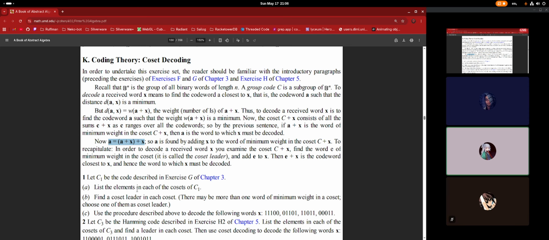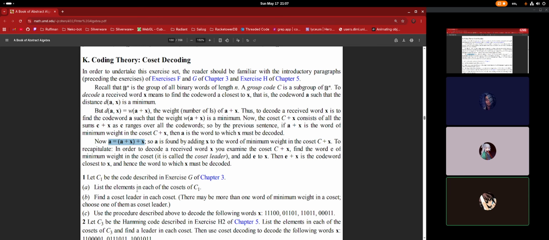And then the coset C plus X, all the sums as C ranges over all the code words. So basically, if A plus X is the word of minimum weight in the coset, then A is the word to which X must be decoded. Basically, A would be the word closest to the identity, I suppose.